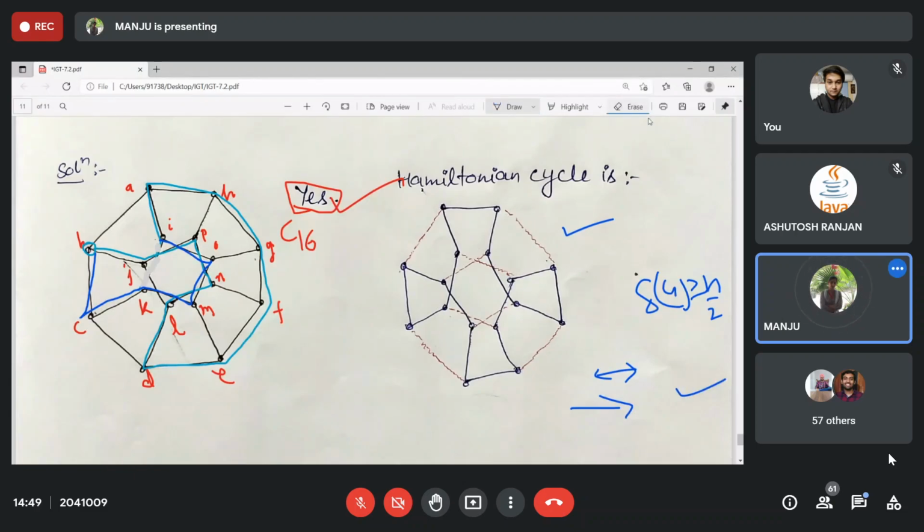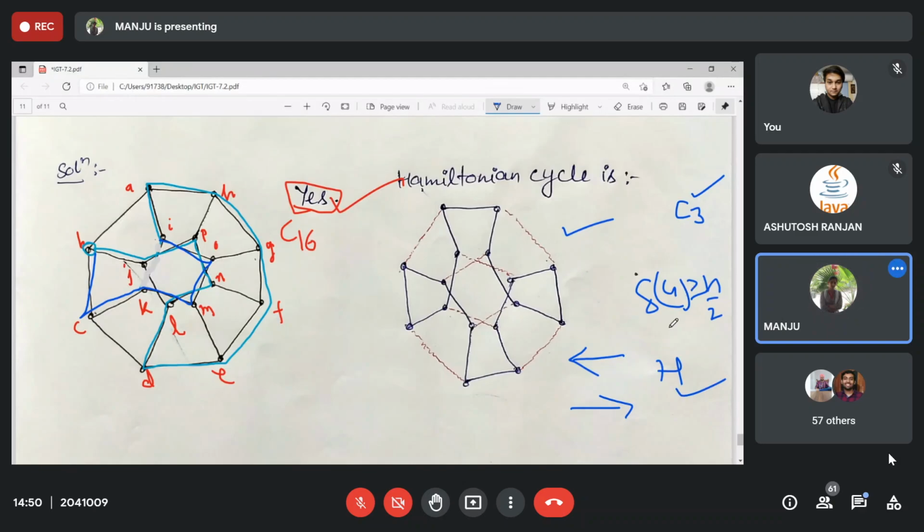And the order should obviously be at least 3, only then can C3 exist, right? So a Hamiltonian graph should have that, but I didn't tell you that this is also a sufficient condition, right? This is only a necessary condition. It is not the sufficient one.